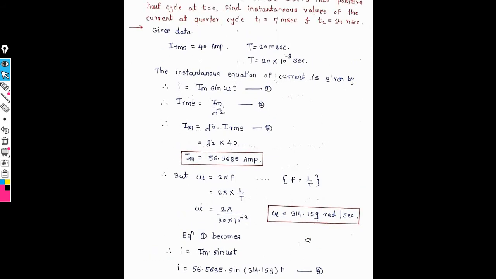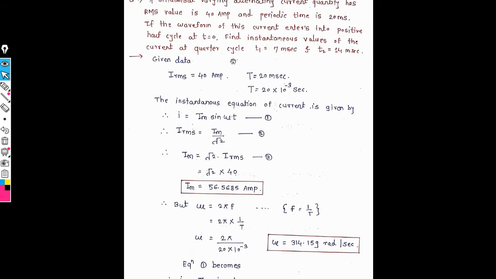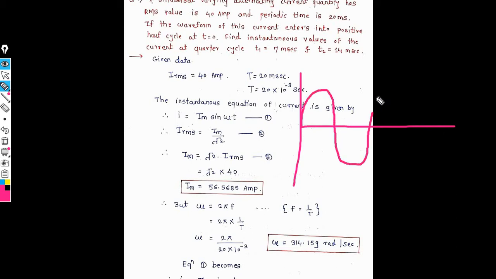But the condition is to find the instantaneous value of the current at quarter cycle. For example, we have considered the fourth cycle: this is the first cycle, then the second cycle, third cycle, and fourth cycle.